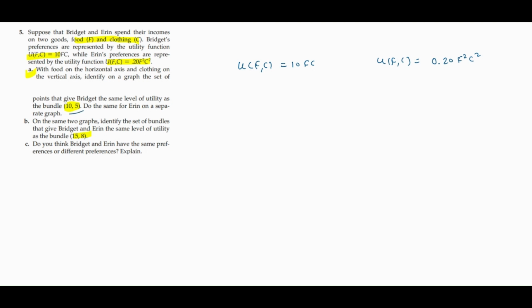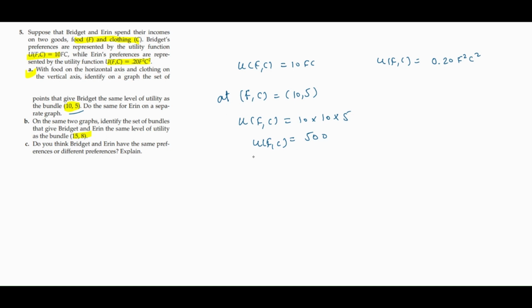They have provided us this bundle, so let's put it in: F equals 10 and C equals 5, and find the utility at this bundle. Utility of Bridget at bundle 10 and 5: put 10 for F and 5 for C, and you will get 500. So Bridget is getting 500 utility from this bundle.